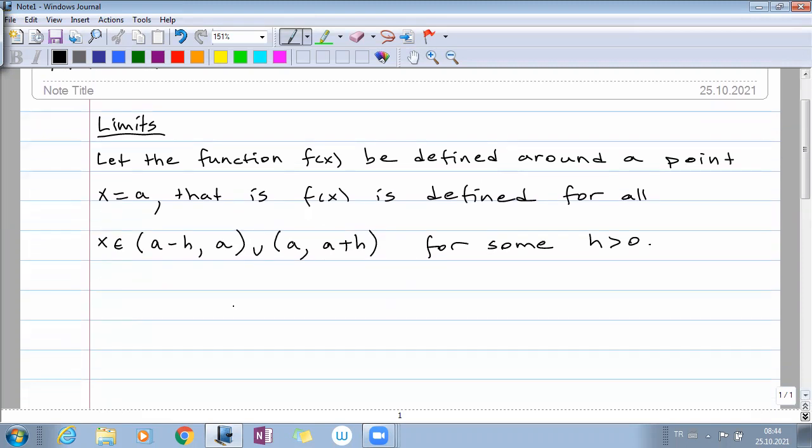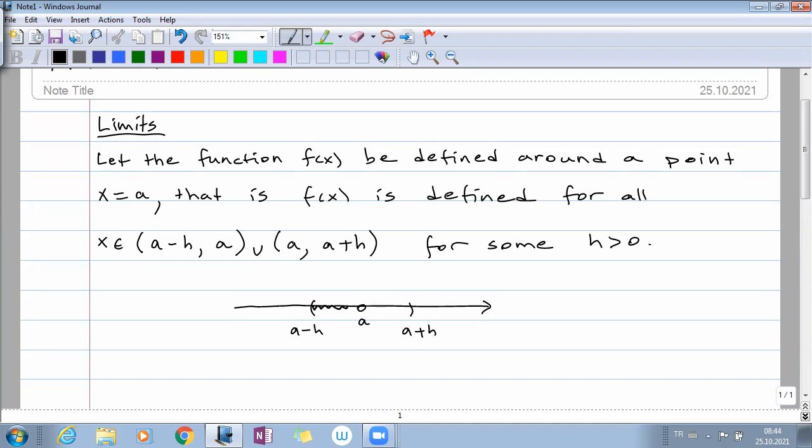So this is what we call formally in mathematics a deleted open neighborhood of the point A. So the point A itself is not included. So we take the interval a minus h, a plus h.